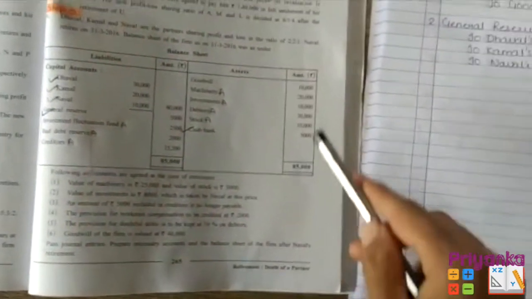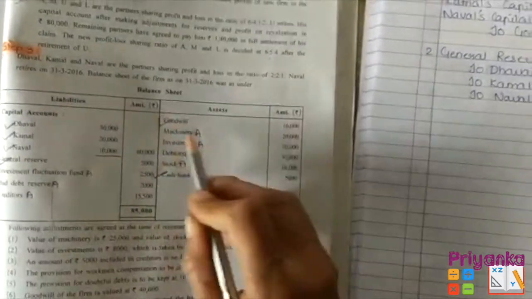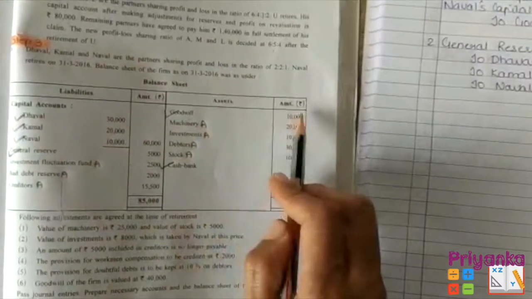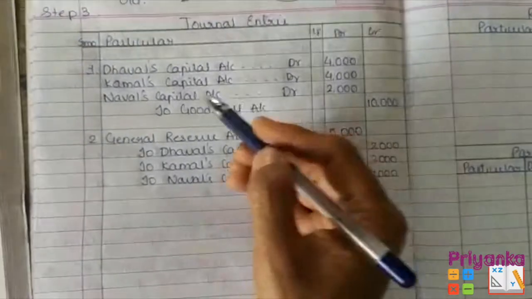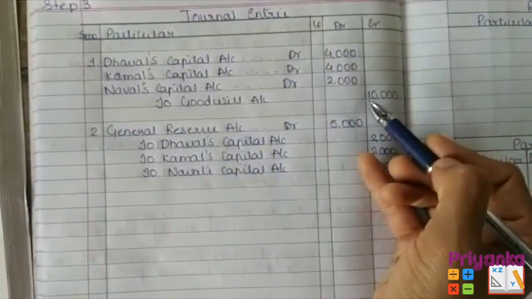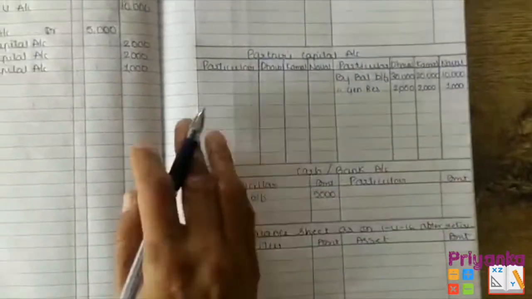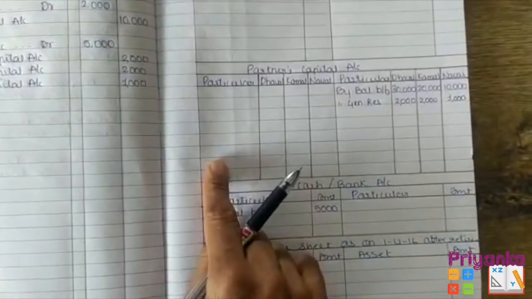So the liability side is done. Now moving to the asset side, you can see the old goodwill. Again, old goodwill will be distributed between the old partners in their old ratio. So 10,000. Here is the journal entry I put, where we have to distribute the old goodwill between the partners, and this will be written directly on the partners' capital account debit side. In retirement we have to write it down directly over here.